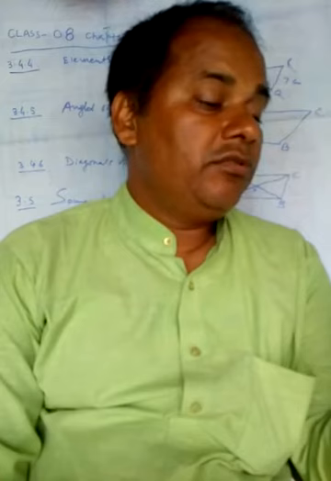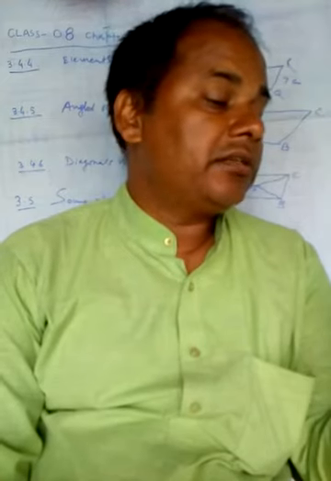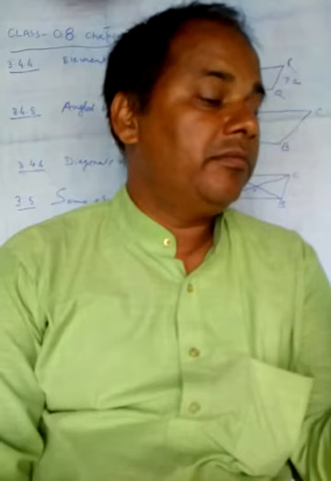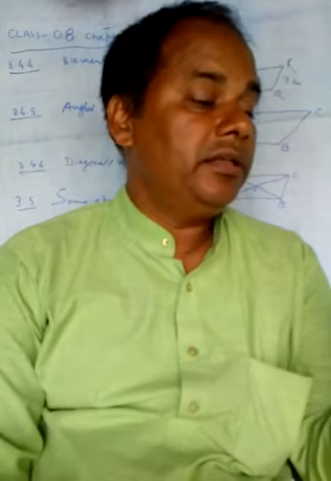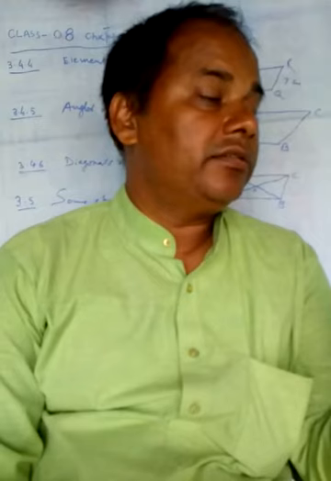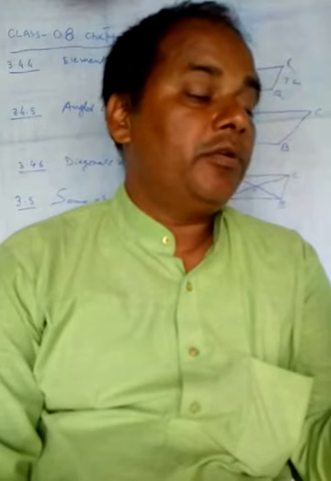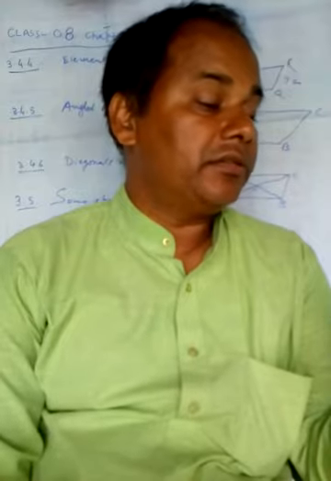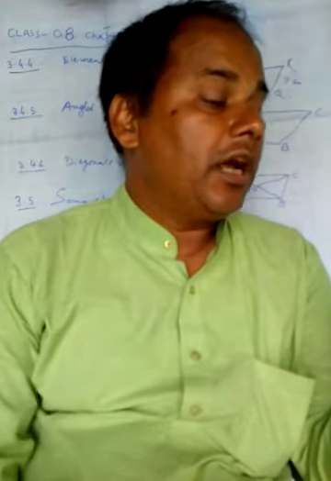Does this tell you anything about the measures of the angles A and C? Examine the same for angles B and D. State your findings. Property: the opposite angles of a parallelogram are of equal measures. Try this.